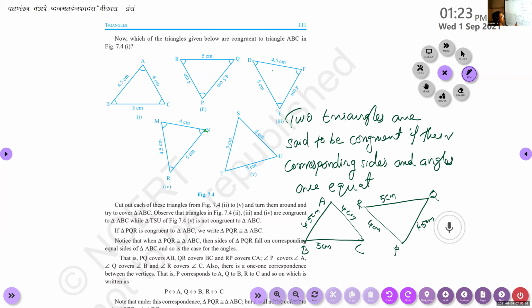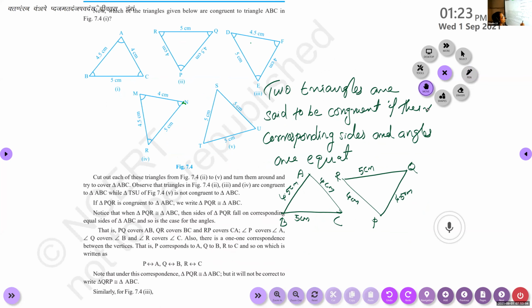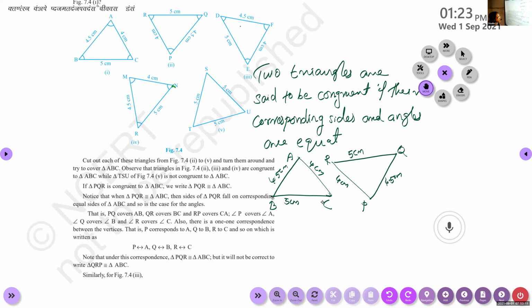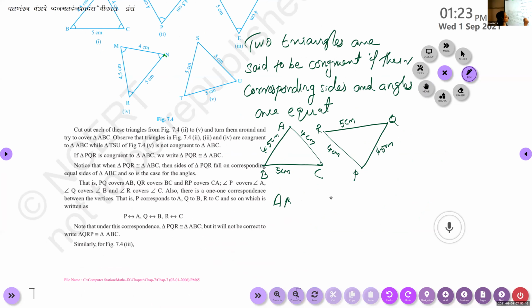Now write AB equal to PQ, BC equal to QR. AB equal to PQ equal to 4.5 centimeter. BC equal to QR equal to 5 centimeter. CA equal to RP equal to 4 centimeter.